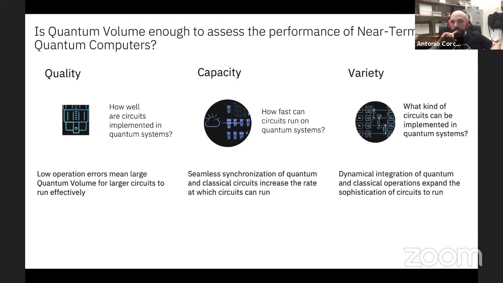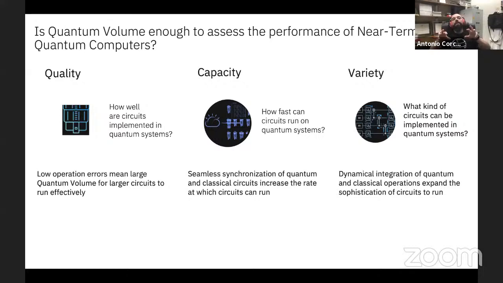Yeah. So I'm not going to go through the details of this following one, but this is a paper that we put out a few weeks ago, 3 or 4 weeks ago, where all I've been talking about so far is quality of circuit. So when you have a circuit that you want to run in a quantum computer, how well can you run it, and how well does the output distribution match what you should be getting if you had no noise.